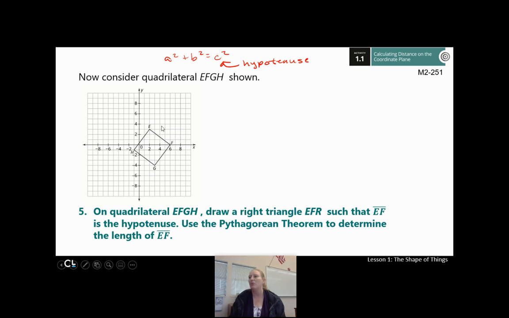You're going to need to put some point off the side of EF to make a nice right triangle. Go straight across, straight up, and name that point where they meet R. Then use the Pythagorean theorem to find the length of your hypotenuse, also known as EF. Go ahead and hit pause, work this out, and then hit play when you're ready to check your work.